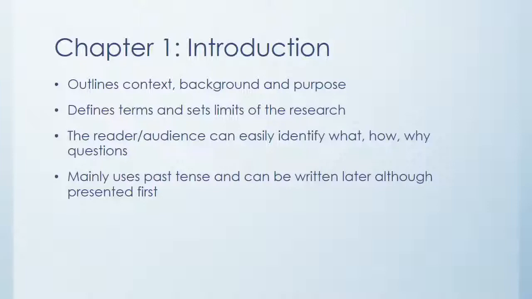You know, readers are always having those questions. What is it? What are you writing about? Why this study? How can I go about it? It mainly uses past tense and can be written later, although presented first. You know, it's your first chapter. But if you have a challenge, you can always write it later on, immediately after reviewing the literature.